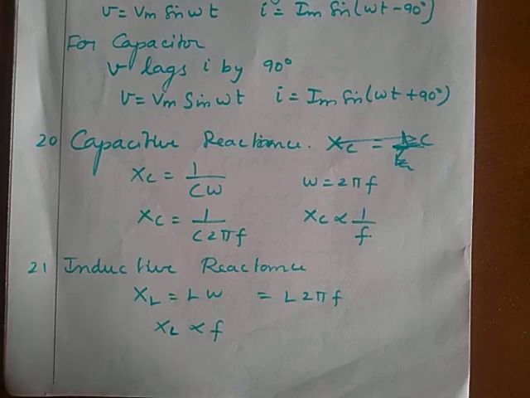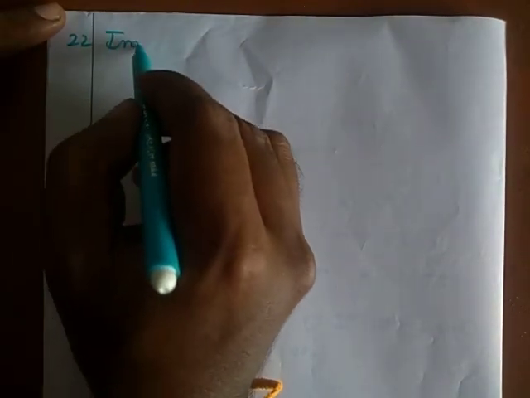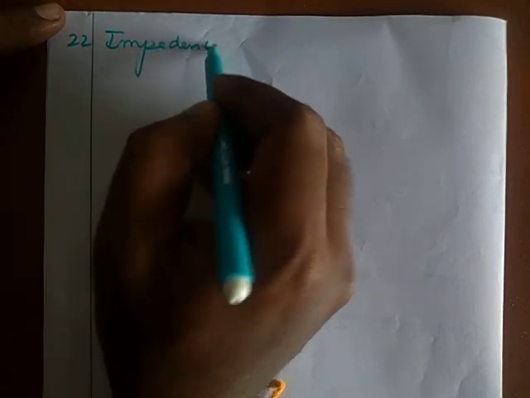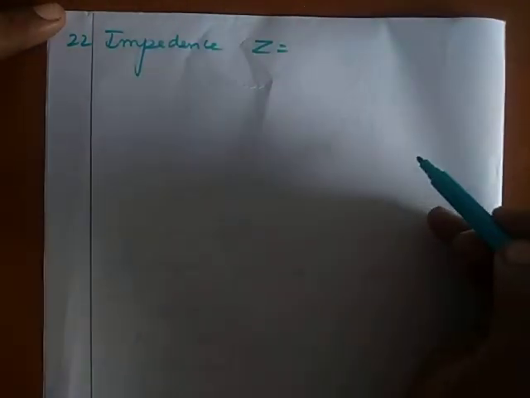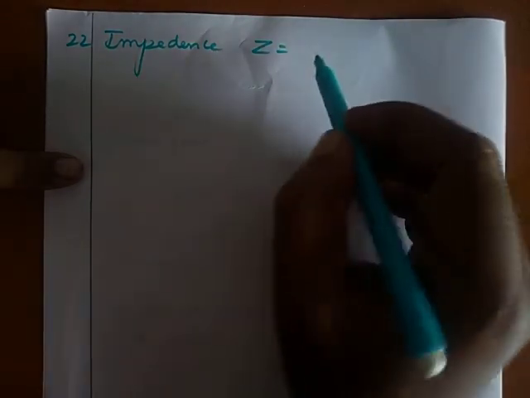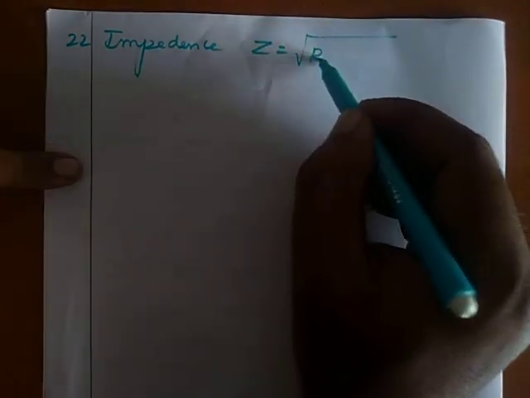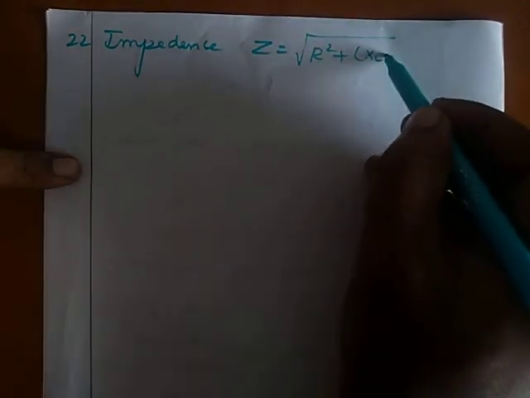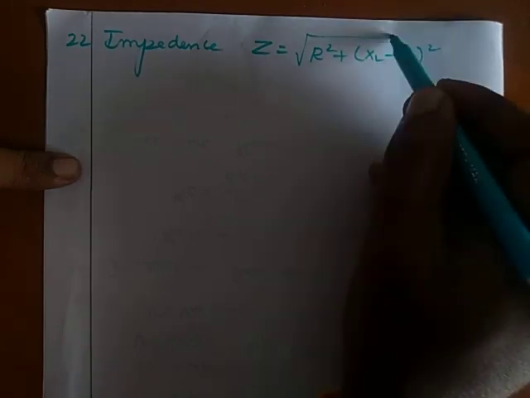Then let me go for the RLC series circuit. For an RLC series circuit, the impedance of the circuit, represented by the symbol Z, can be written as Z is equal to root of R square plus (XL minus XC) whole square.